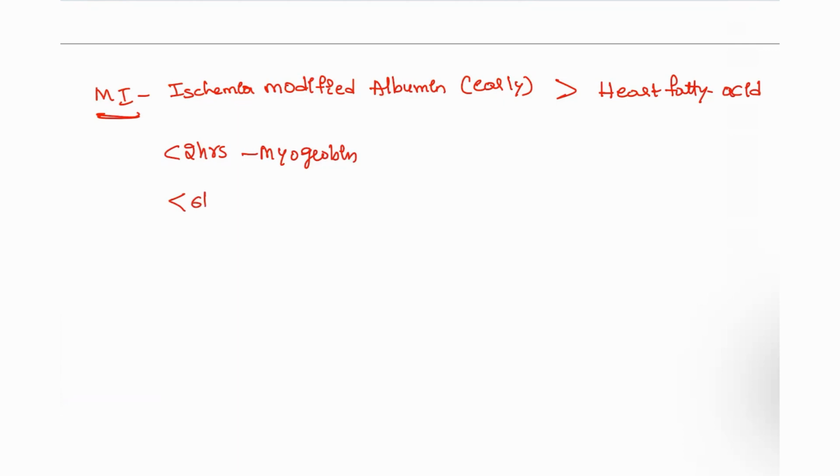Okay, from 6 hours to 7 days is troponin, and this is the specific one. Also for re-infarction, this is the one that drops; okay, choose the one that drops high.